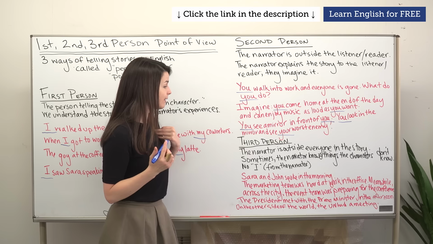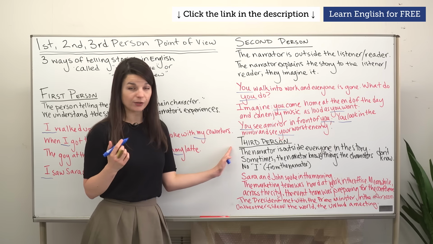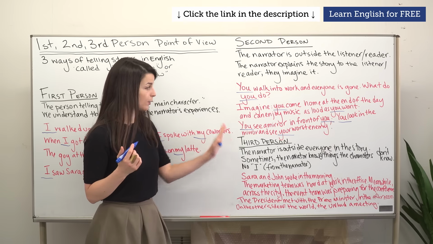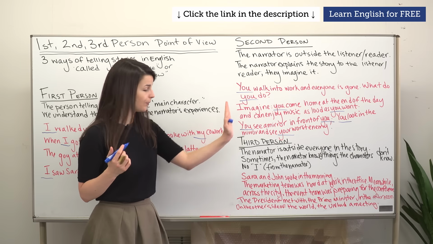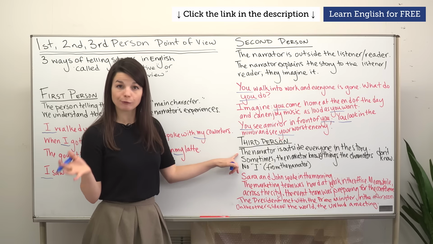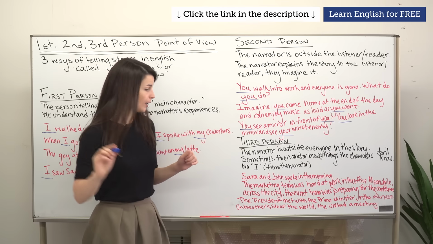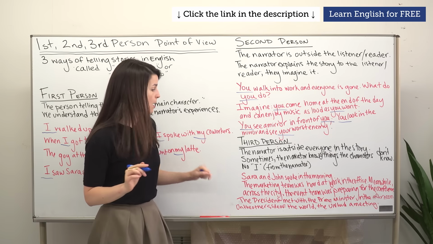Okay. Let's continue on to the last type, third-person storytelling. Third-person storytelling, so different from first and second. In third-person storytelling, the narrator is outside everyone in the story, like second person. So the narrator is outside, not participating in the story.